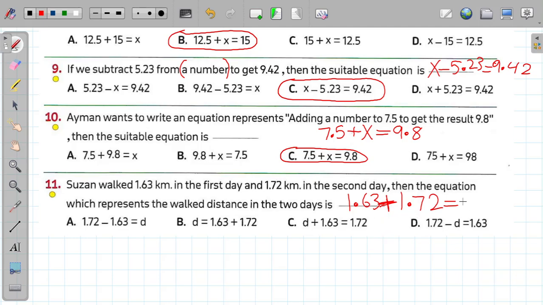So I will write equals d, and this is my equation. So it will be 1.63 plus 1.72 equals d. Or maybe he wants me to write d first. It doesn't matter. It doesn't change the equation. So I will write d equals 1.63 plus 1.72, and this is the correct choice for me right now.